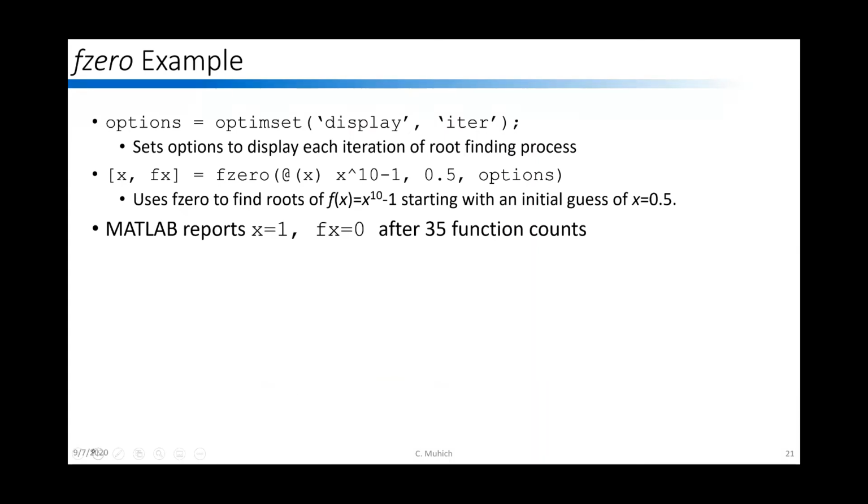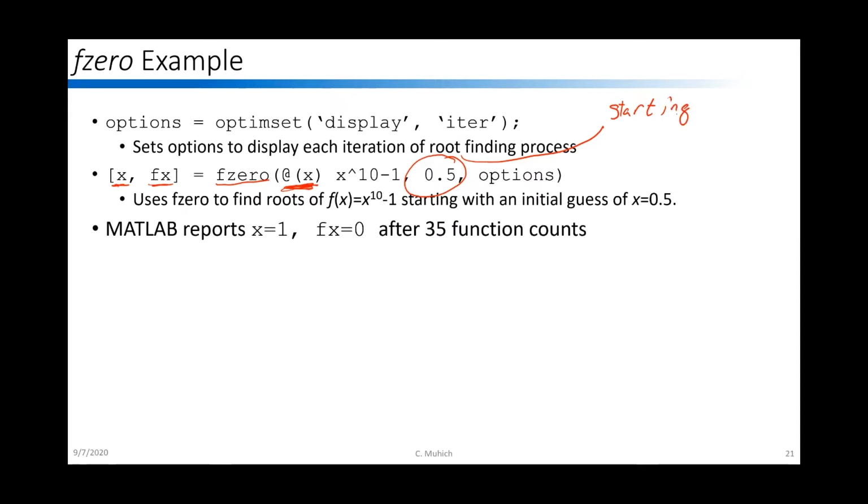So to show this, here we have that example. We have x comma fx, so this is going to show us not only the root but the function value with that root. We call fzero, we put in our function, so in this case x to the 10 minus 1. You notice we're including that at x to tell it that this is that function call. We give it our starting guess, so 0.5.